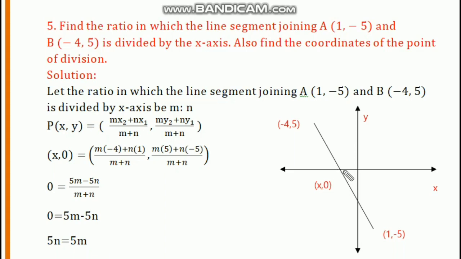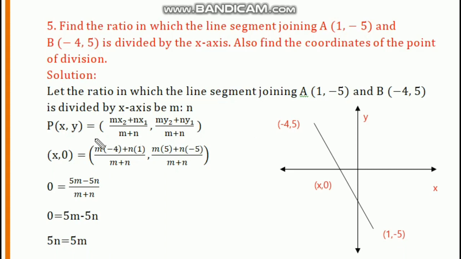The point where the line segment intersects the x-axis has y coordinate 0. Therefore the point is (x, 0). So here we know the point, and at the same time we know the coordinates A and B. By using this we need to find the ratio m and n.